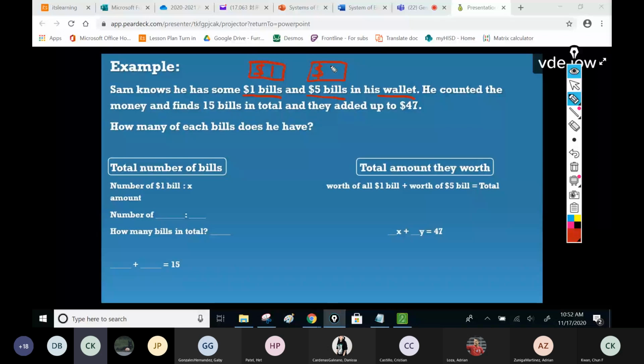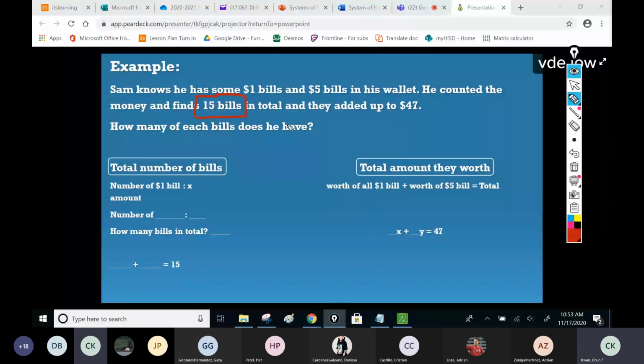He doesn't know exactly how many of each he has. He just knows that there are some $1 bills and some $5 bills, but he doesn't know exactly how many of each. Then he counted the money and finds there are 15 bills in total.